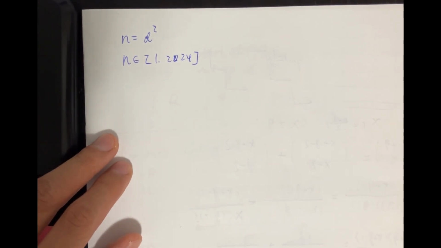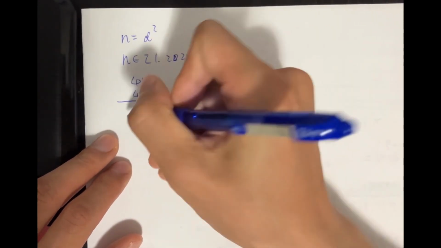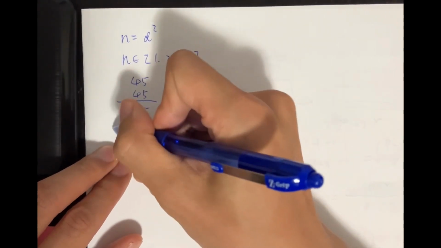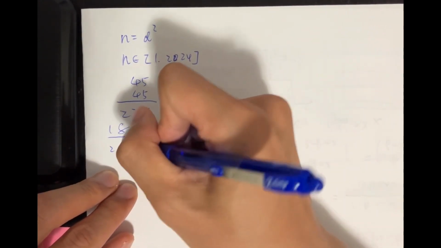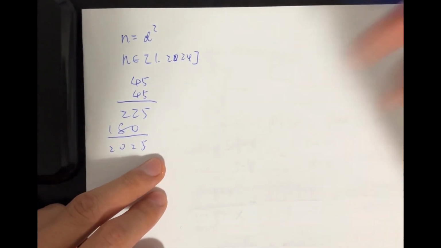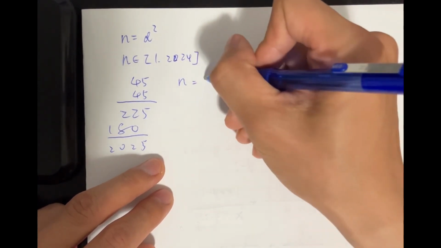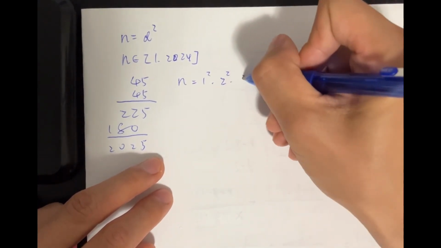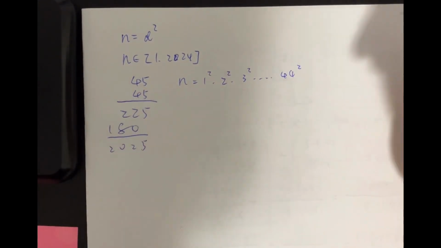Let's try 45. 45 times 45 is 2025, which is just over. So easily, it's 44. So n could be 1 squared, 2 squared, 3 squared, all the way to 44 squared, but not 45 squared.